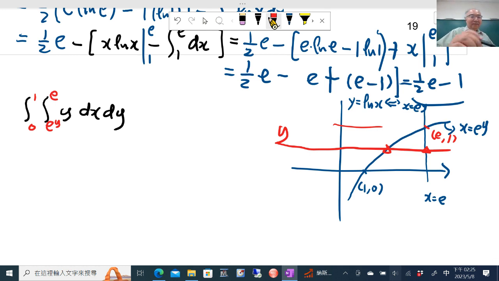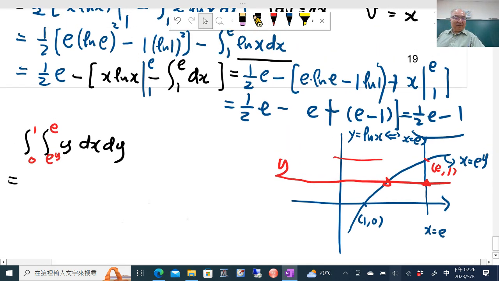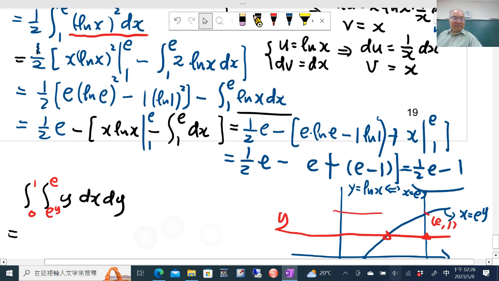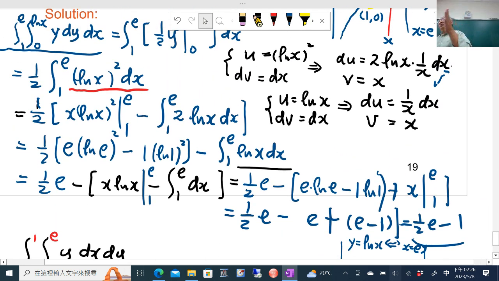Okay, and I'll let you finish that. Your integration in this situation still needs integral by parts, but you only need to do it once. So in this case, using dx dy might be quicker, but using dy dx, it's easy to write the integration form, but evaluation itself takes a little bit longer. So it's kind of a trade-off.